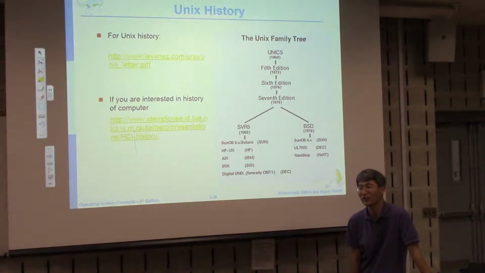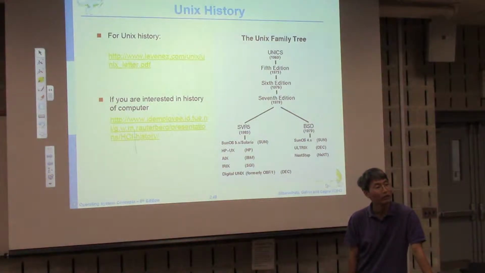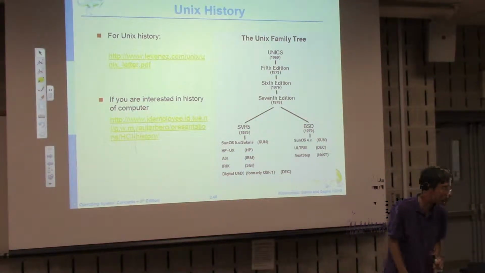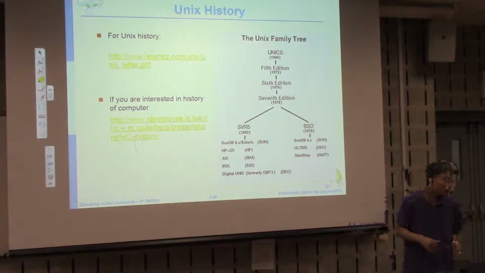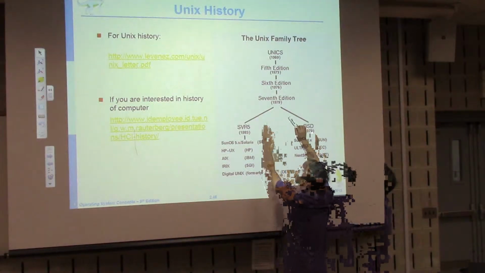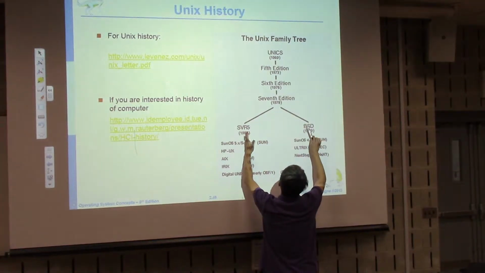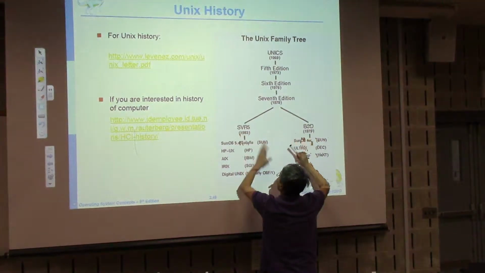Also Dr. Codd proposed the relational database model to the ACM, and also Professor Lee was born at the time. And also the first Unix was born, and then there are two main categories, the branches of the Unix system. One is the Berkeley, another one is the System R project.